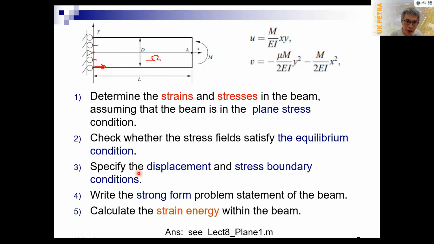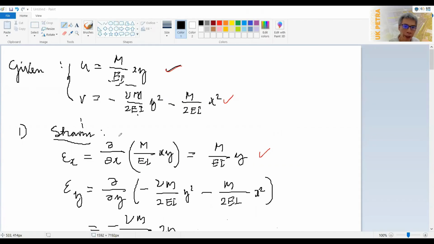The third question is to specify the displacement and stress boundary conditions, and then write the strong form statement of the beam. Then calculate the strain energy. We have not yet discussed the concept of strain energy, so I will postpone this until after we discuss the concept of strain energy. Okay, let's answer the questions one by one.